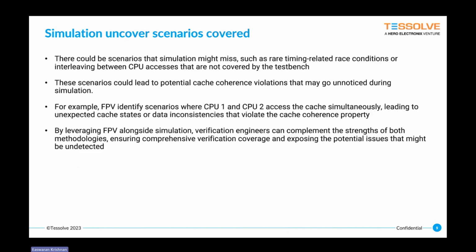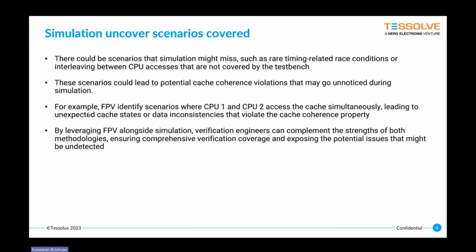There could also be scenarios that simulation might miss, such as rare conditions and interleavings between CPU accesses that are not covered. For example, CPU1 and CPU2 continuously keep on reading the same address without any delay. These types of scenarios could lead to a potential cache coherence violation that may go unnoticed during simulation.